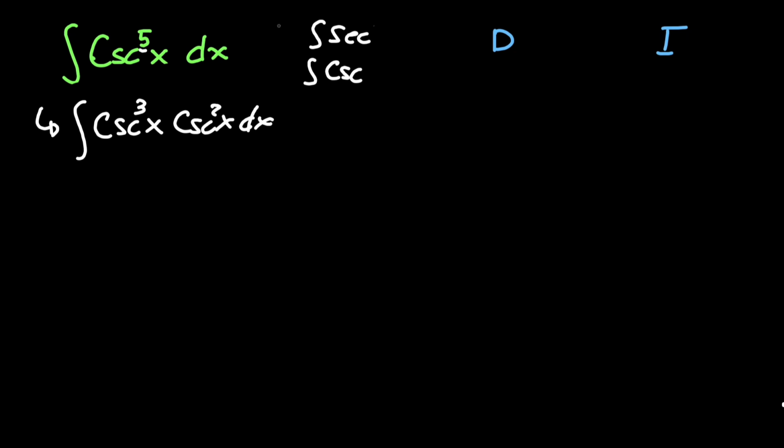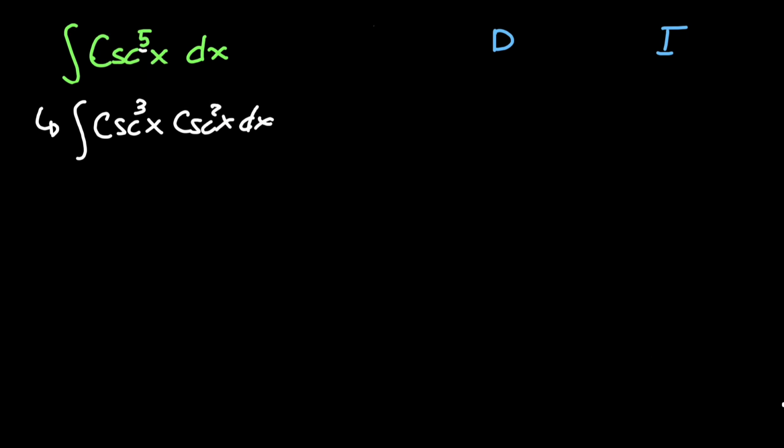But if the exponent is even, such as 2, 4, 6, 8, you will just use transformation by trigonometric identities, just like what we did earlier on the integral of cosecant to the power of 4 of x. That is simpler, and you will see later on how we solve the cosecant to the power of 6 of x.